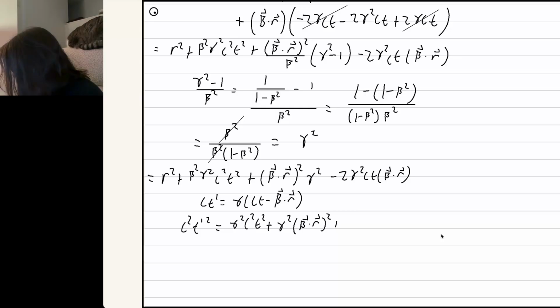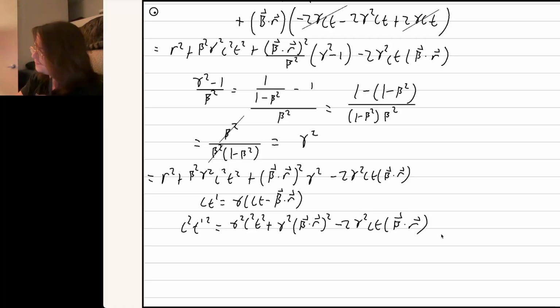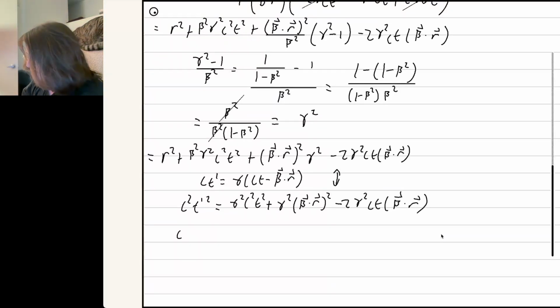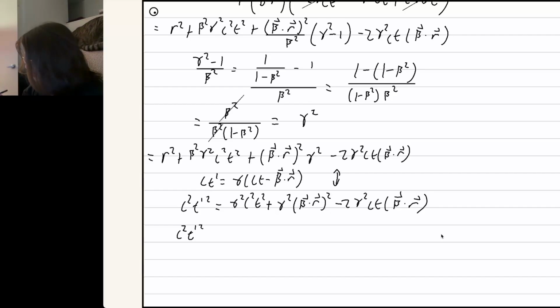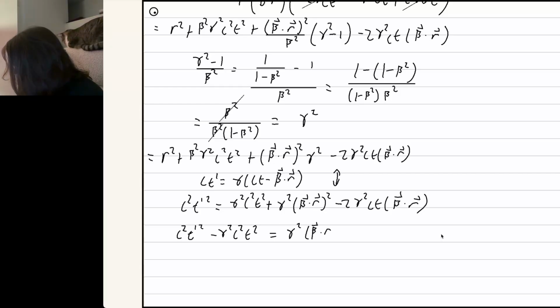and it's minus 2 gamma squared ct beta dot r. Look at that. The cross terms match. So we're actually going to solve for those nasty cross terms and say that c squared t prime squared minus gamma squared c squared t squared is equal to gamma squared beta dot r squared minus 2 gamma squared ct beta dot r.